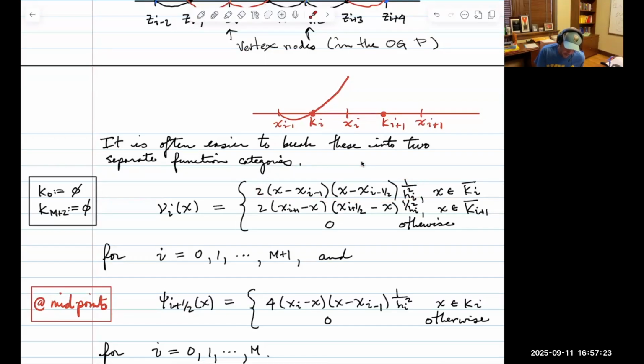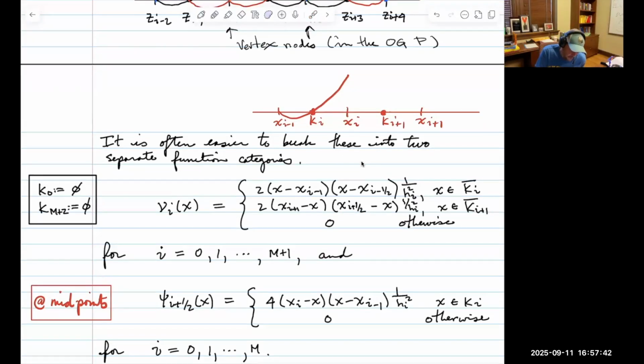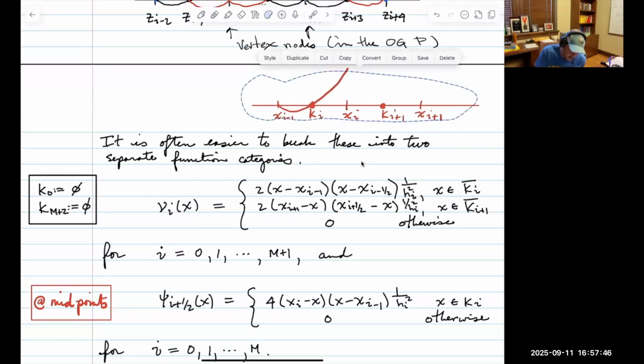What about this guy here? Well, this guy has to be equal to 0 at the point x_{i+1} and x_{i+1/2}. That's the midpoint there. Let me move everything up first, give myself some room to work.